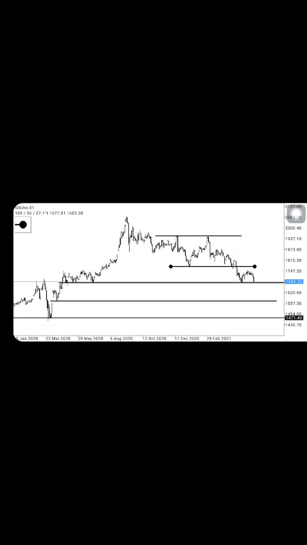Price broke the double bottom and somehow reversed to retest, and is now dropping. So we could be expecting gold to break the current support zone before anything else.